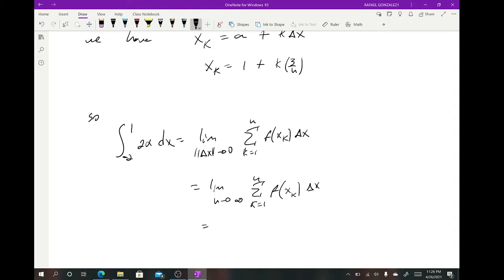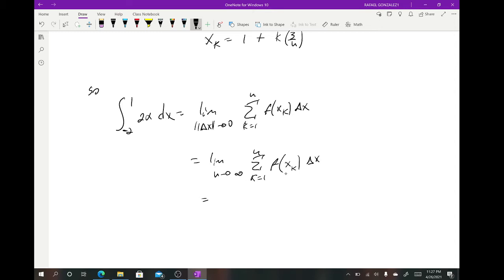The reason why we're doing this is because we know that our subdivisions are all of equal size. So n is going to infinity because we are increasing the number of subdivisions that we're using. Okay?